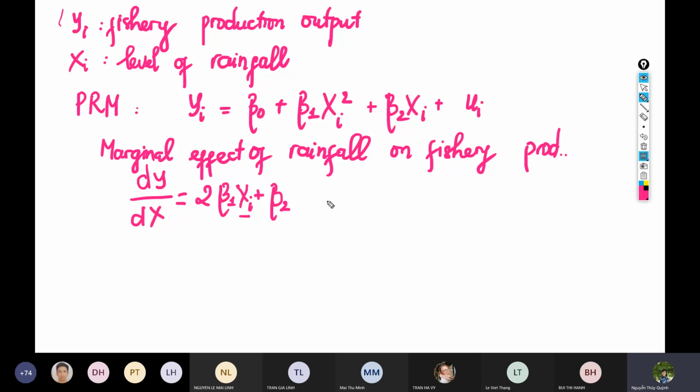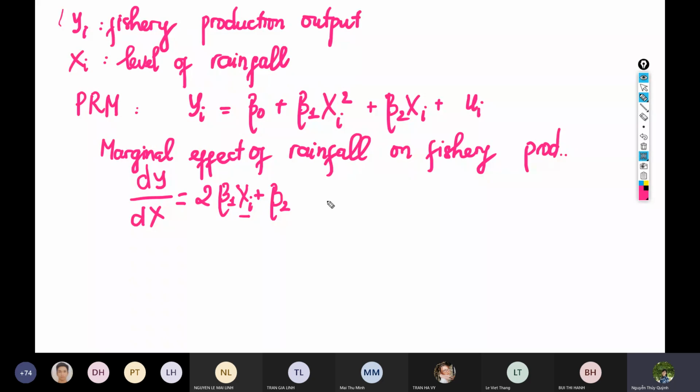Because it is not a constant number, we can demonstrate the idea that at first the marginal effect of rainfall on fishery production is a positive number, but later when the value of x is too high, the marginal effect will be a negative number.